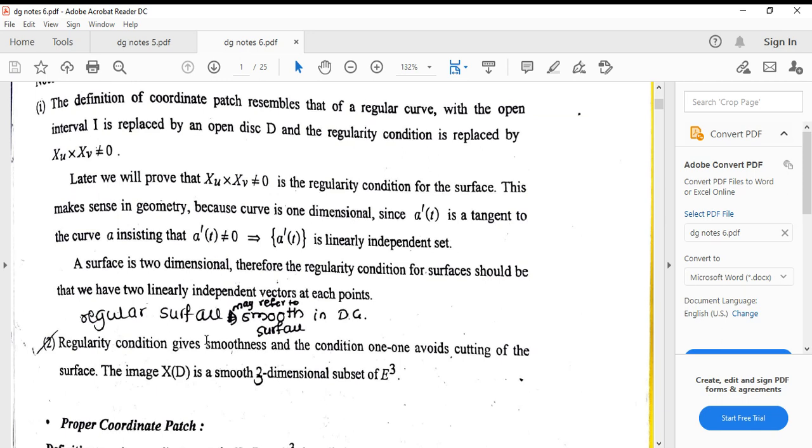Here we can see that the regularity condition gives smoothness, and the 1-1 condition avoids cutting of the plane. 1-1 ensures that whatever we have in the domain, there exists an image in the codomain. So the regularity condition gives smoothness. For a curve, if alpha dash of t equals 0, it means the curve is constant.